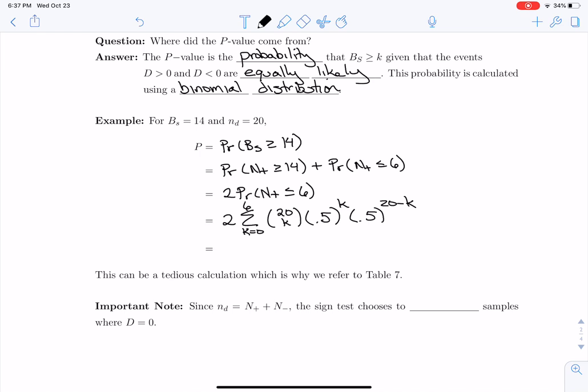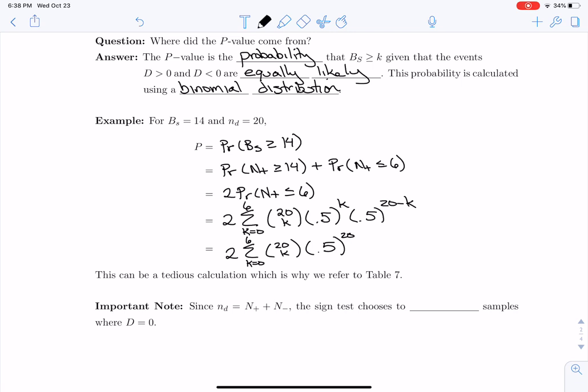So here, if n plus is less than or equal to 6, we're summing up all the possibilities that n plus could be 0, 1, 2, 3, 4, 5, and 6. Each one of those probabilities is found using the binomial distribution. We can simplify that a little bit. This is a sum from k equals 0 to 6 of 20 choose k times 0.5 to the 20th power.